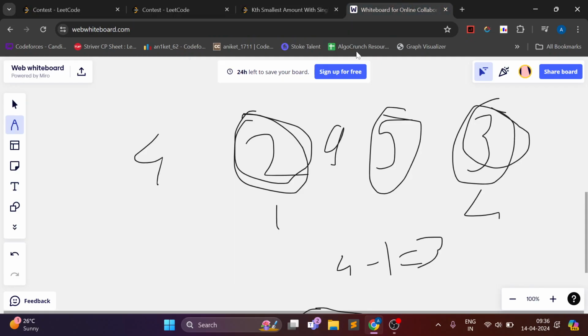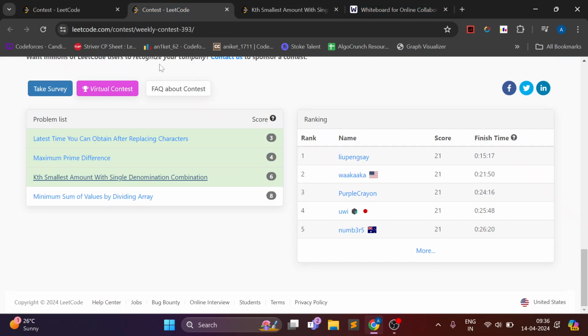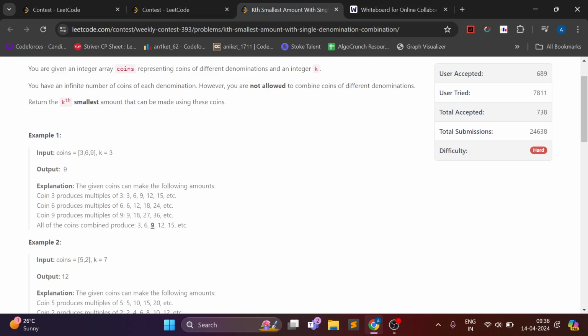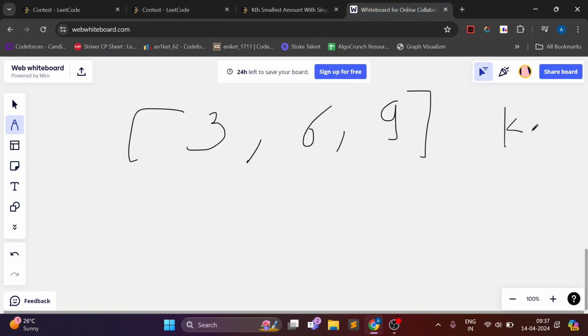So let's see the first example. In the first example, we are given the array coins as 3, 6 and 9, and k given is 3.